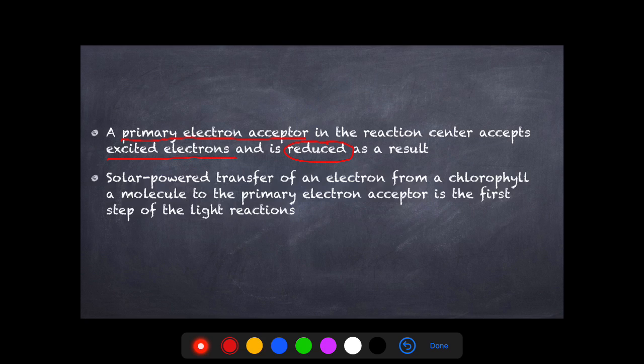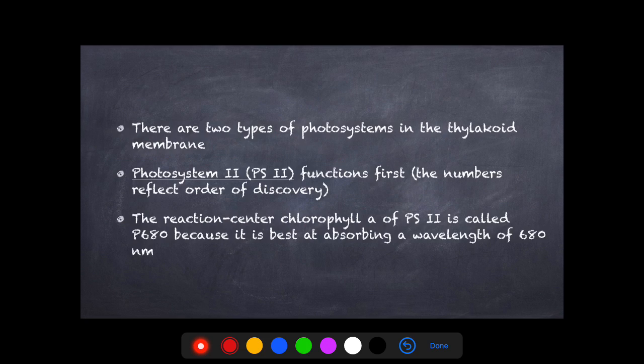Remember, reduced means it's going to gain electrons. So when you have this transfer of an electron from a chlorophyll A molecule to the primary electron acceptor, this is considered the first step of the light reaction. So the solar power transfer of an electron from chlorophyll A to the primary electron acceptor is going to be the first step in the light reaction.